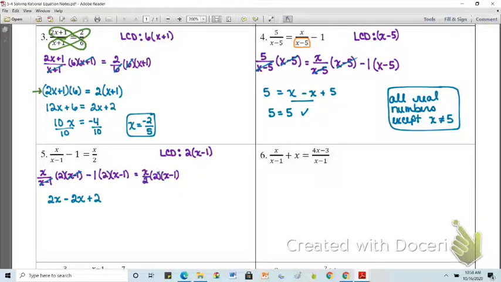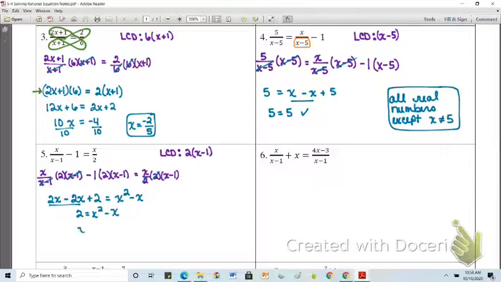Here my 2's cancel out, so I'm going to multiply x times x minus 1, and I get x squared minus x. This is now a quadratic, so we need to combine like terms and then set equal to 0. So when I combine like terms, I end up with 2 equals x squared minus x.